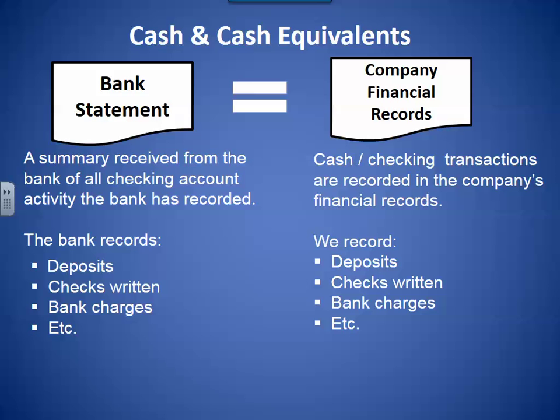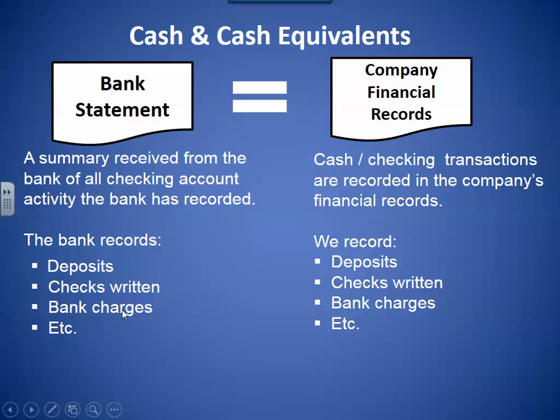Interestingly enough, everything that we do in our company checking account is mirrored in the bank statement. When we record a deposit in our company checking account, that deposit will be recorded in our bank records. When we write a check, that check will eventually be presented to the bank for cashing, so it provides a mirror record of checks cashed.